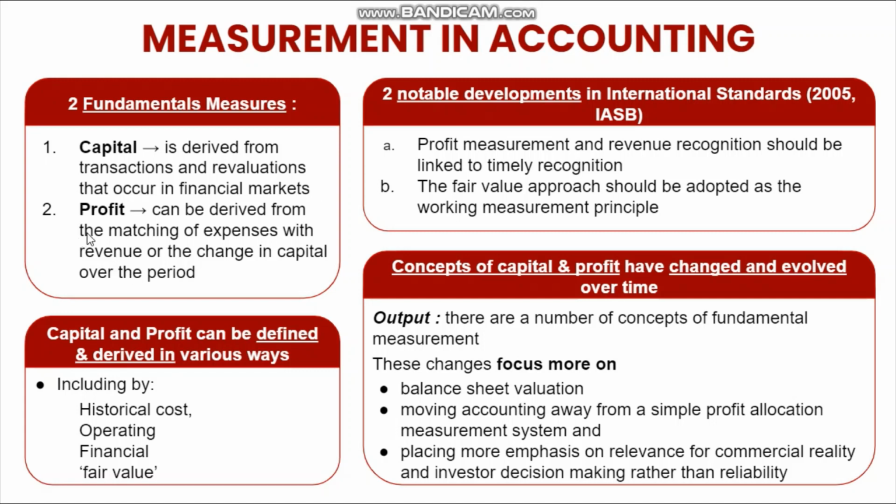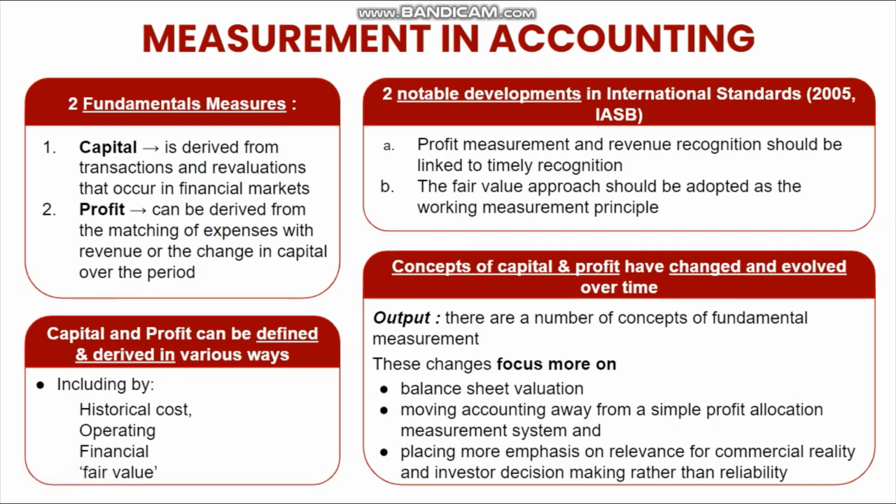And profit can be derived from the matching of expenses with revenue, or the change in capital over the period from all activities, including increases and decreases in the fair value of net assets, excluding transactions with the owner.